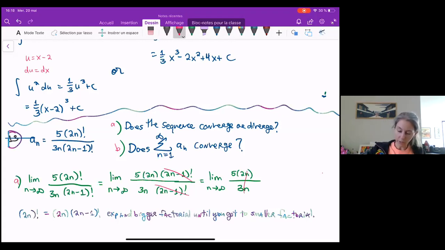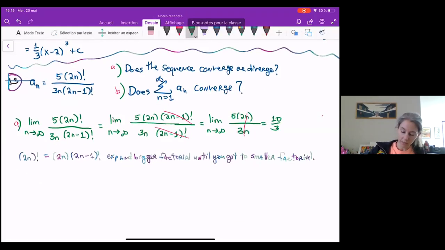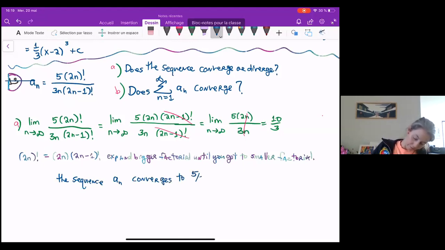So I can cross out those n's and say that this is equal to 10 over 3. And what that tells me is that the sequence a sub n converges to 5/3.